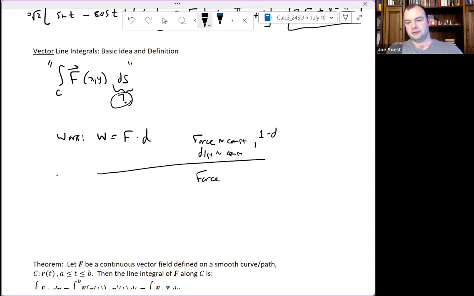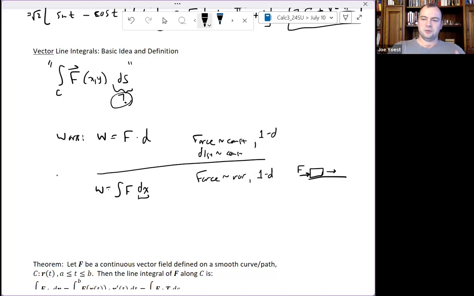Now, what if I have force being variable, but still in 1D? So force and displacement are still pointing in the same direction, but maybe sometimes I'm pushing harder on the box and sometimes I'm not pushing quite as hard, right? I still have a box moving in this direction, and the force being applied is in that same direction, but maybe the force is variable. Sometimes we push a little harder, sometimes a little lighter. Well, now we say that work is the integral of force dx.